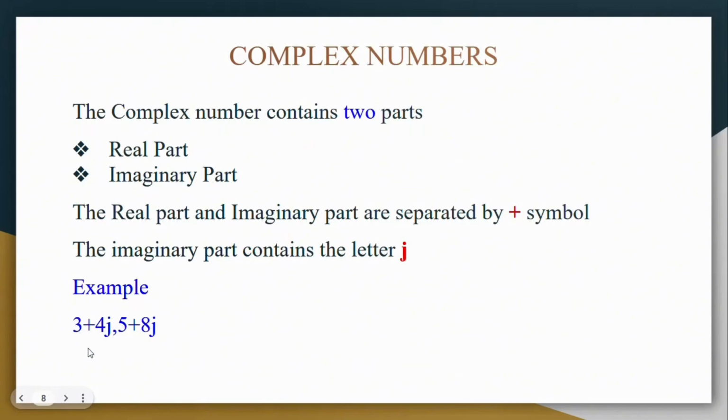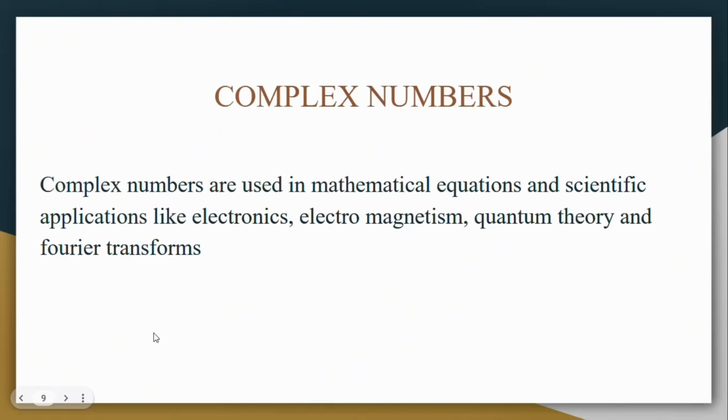To separate the real part and the imaginary part, we are using the plus operator. 5 is the real part, 8j is an imaginary part. To separate the real part from the imaginary part, we are using the plus operator. Complex numbers are used in mathematical equations and scientific applications like electronics, electromagnetism, quantum theory, and Fourier transforms.